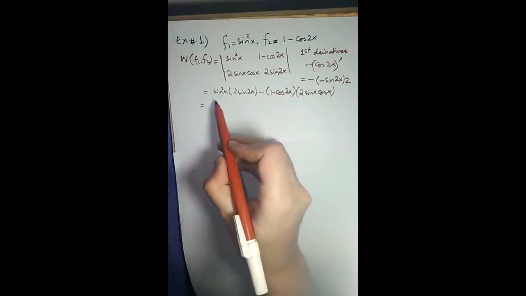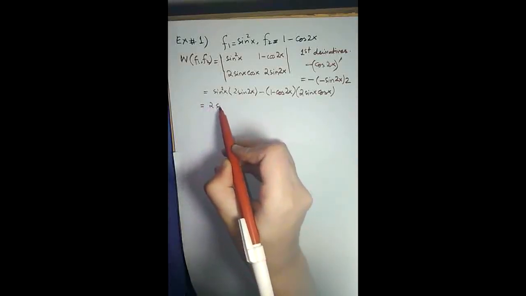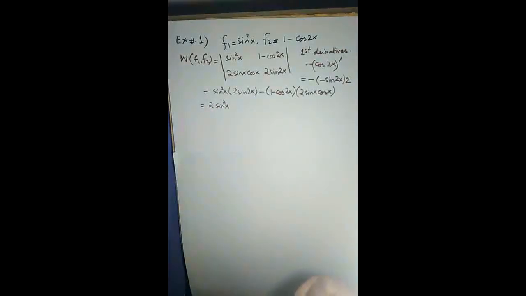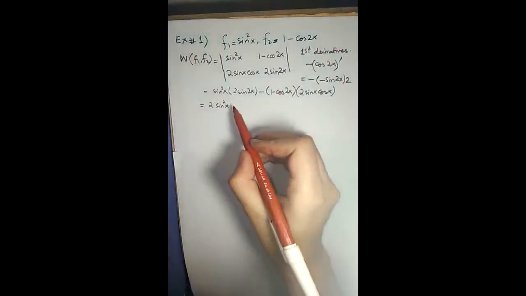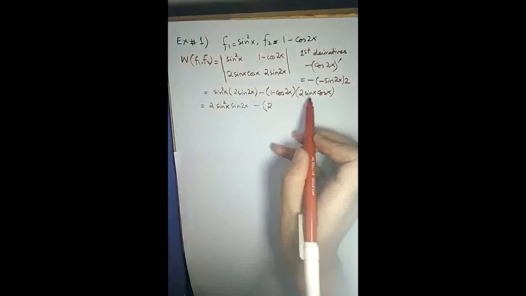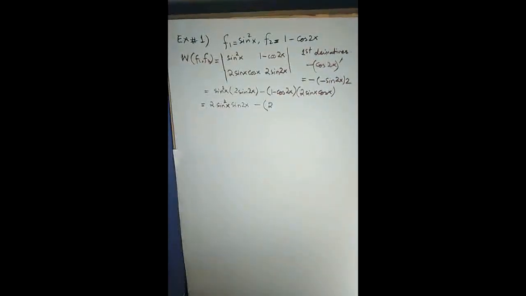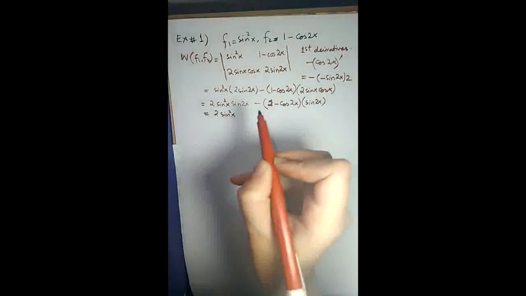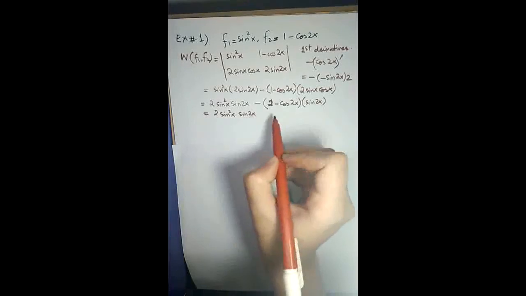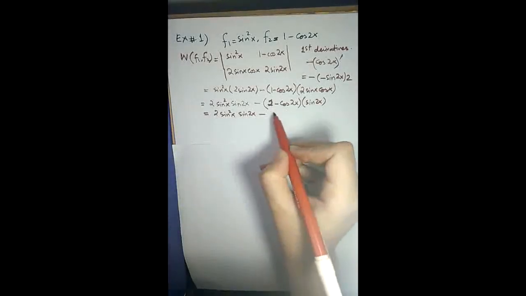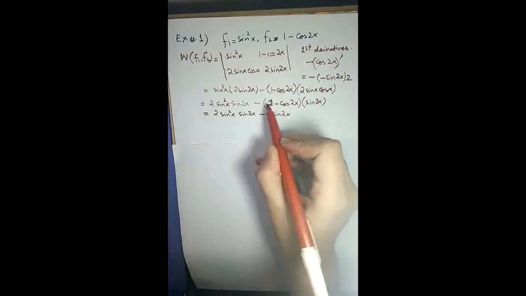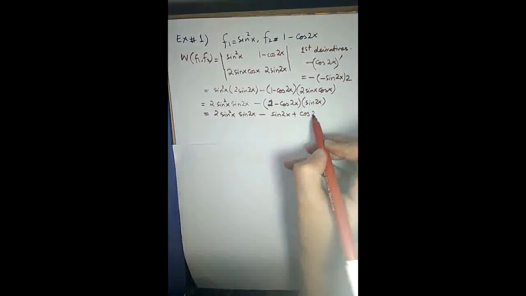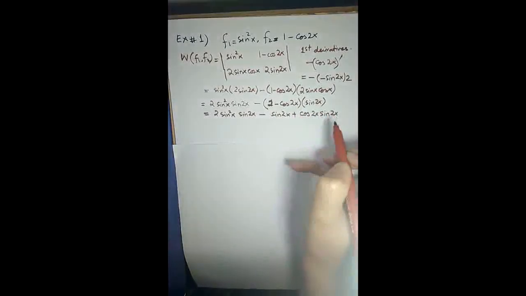That is equal to 2 sine square x sine 2x, where sine 2x is basically 2 sine x cos x, using the identity here, minus sine 2x. I multiply it with this, minus minus plus, cos 2x sine 2x.